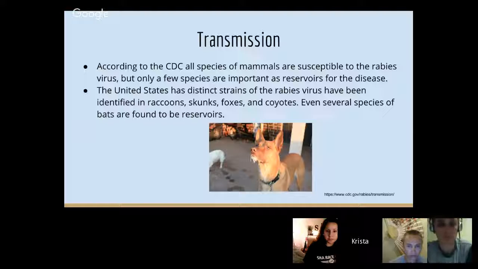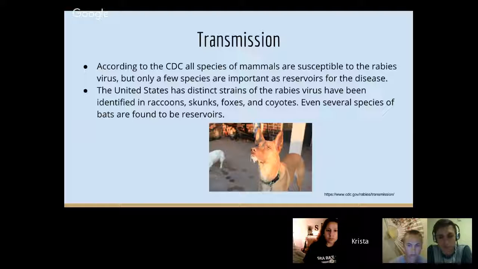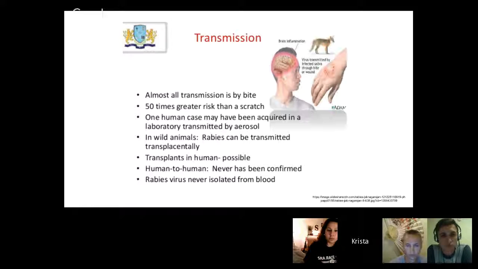So for the transmission, according to the CDC, all species of mammals are susceptible to the rabies virus, but only a few specific species are important as reservoirs for the disease, like was discussed before. The United States has distinct strains of the rabies virus that have been identified in raccoons, skunks, foxes, coyotes, and even several species of bats. So here is a picture that I found that lays out some specific examples about the transmission of rabies.